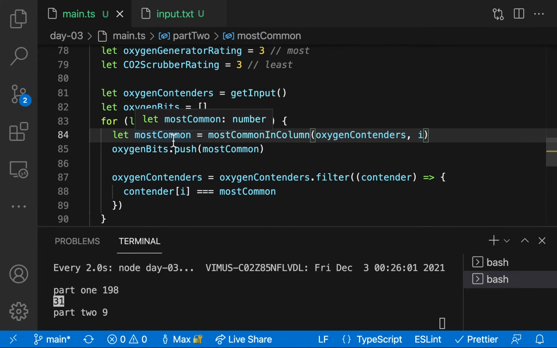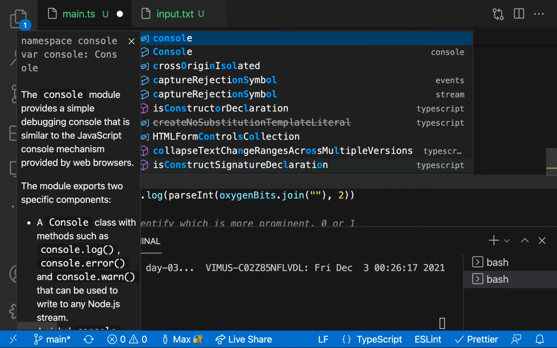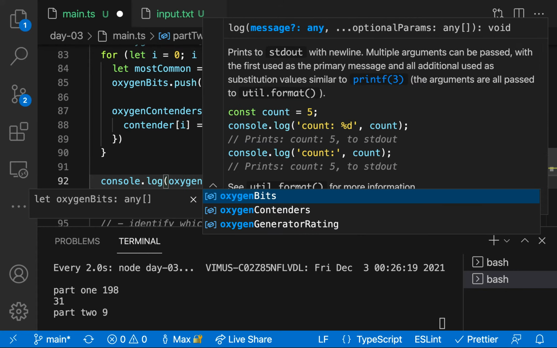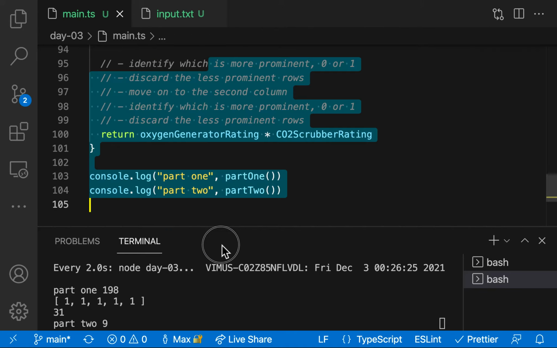That gives me 31. Interesting. What the heck? Well, let's try to debug what's happening. Right, so we're getting all ones. That's probably not right.